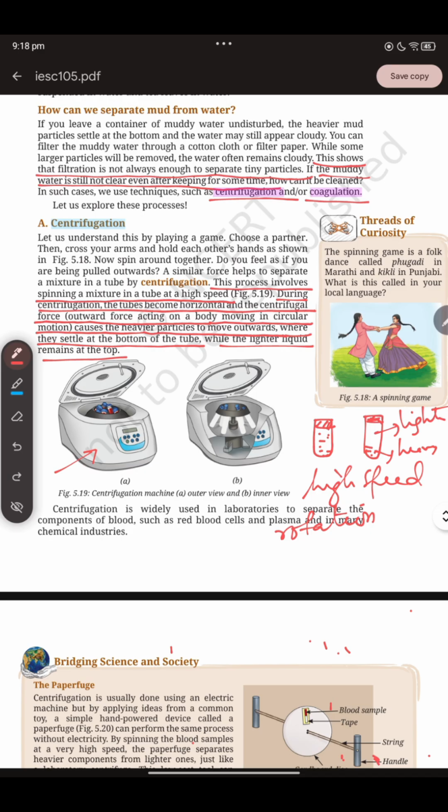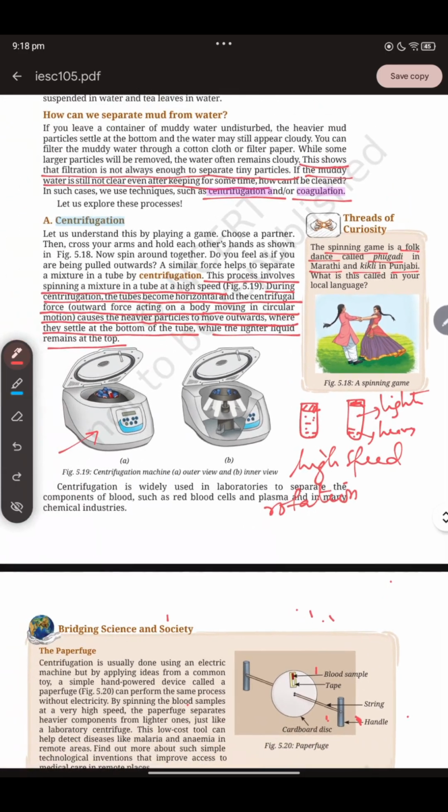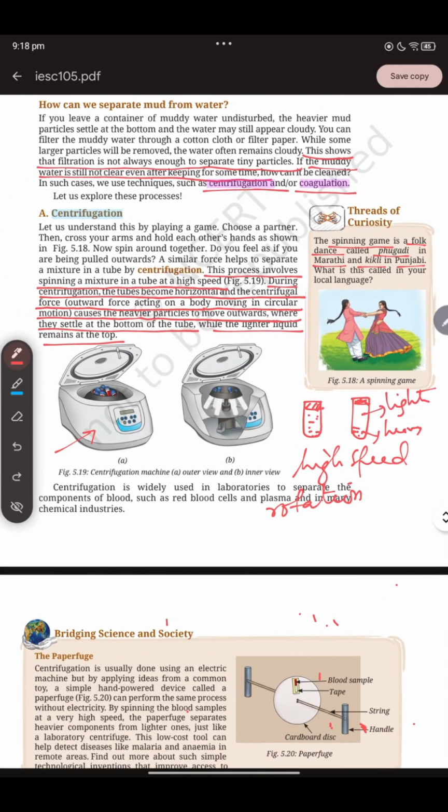Now this is seen when you play the spinning game. Suppose you all have played the Ringa Ringa Roses game, right? The spinning game is a folk dance or a game which is called Fugdi in Marathi and Kikli in Punjabi. And your childhood game, Ringa Ringa Roses, right? Now in this game, what happens? If the speed is very high, then you are actually pushed outwards.